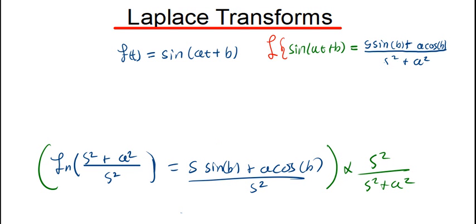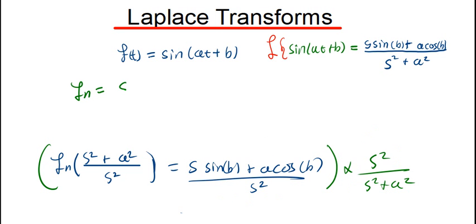Now you observe that when I multiply this one by that one, the s squared cancels out, the s squared plus a squared also cancels out, so you remain with In is equal to, which is exactly what I did.